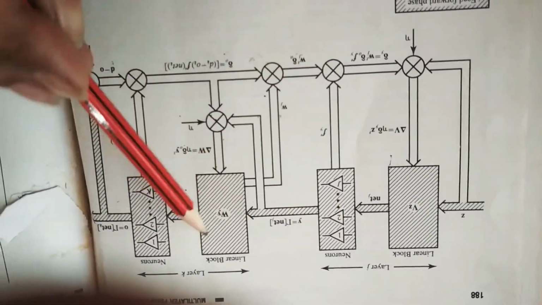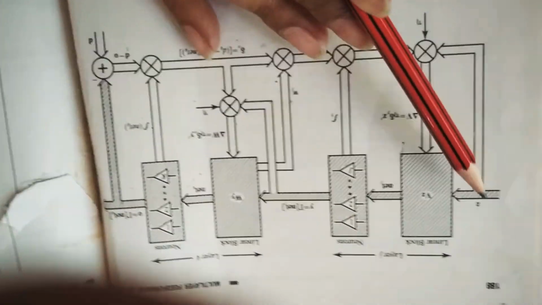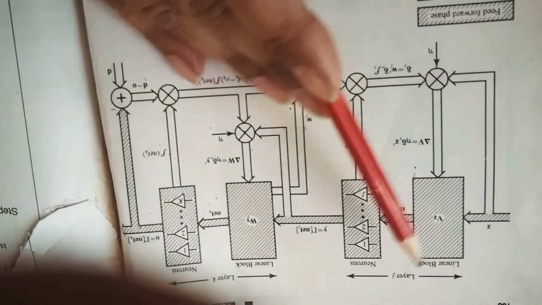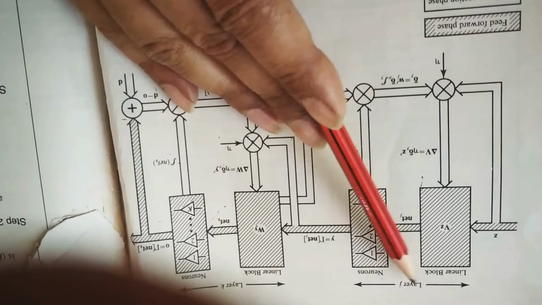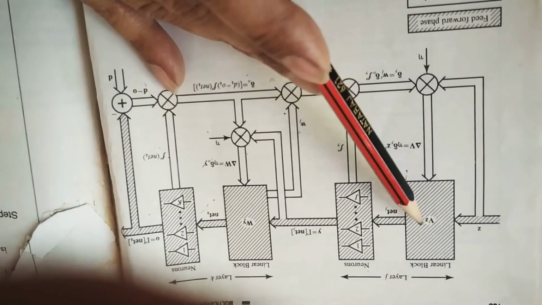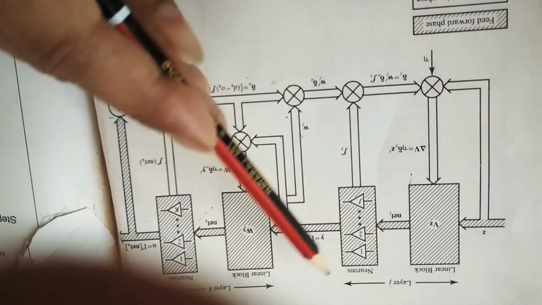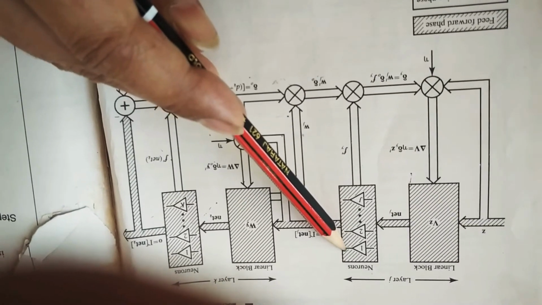It is the shaded portion that I have explained to you, that we are having the Z inputs, jth layer, we are having a V into Z, that is a linear block written here. That means we are just multiplying two vectors, and after that a non-linear function will be there.